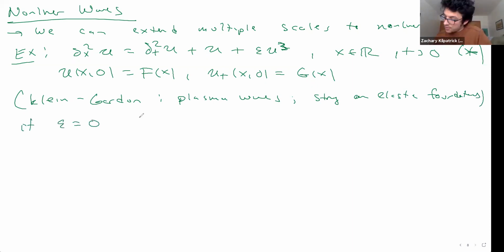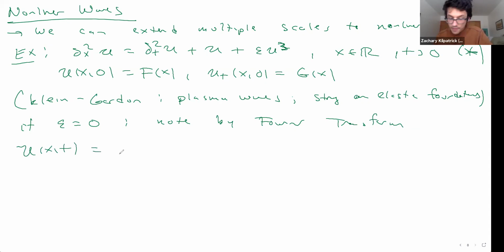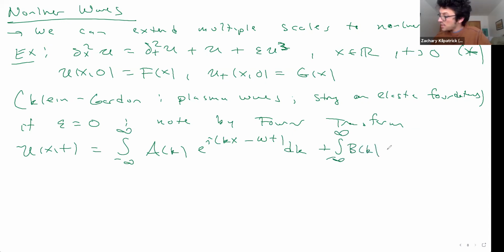Now, if we take epsilon equals 0, note that by Fourier transform we can get solutions of the form u equals the integral from minus infinity to infinity of A of k e to the i(kx minus omega t) dk plus the integral of B of k e to the i(kx plus omega t) dk.